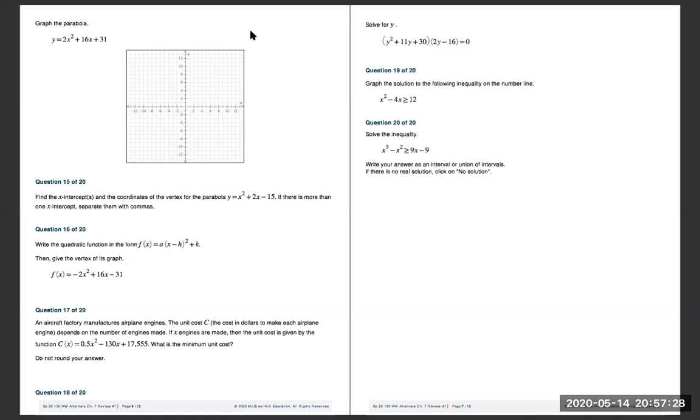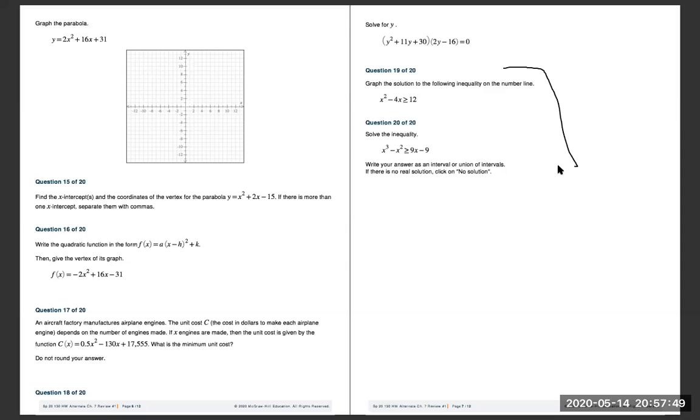Number 19, graph the solution to the following inequality on a number line. So you'll be given a number line in ALEKS. You have x squared minus 4x is greater than or equal to 12. So give you some insight.